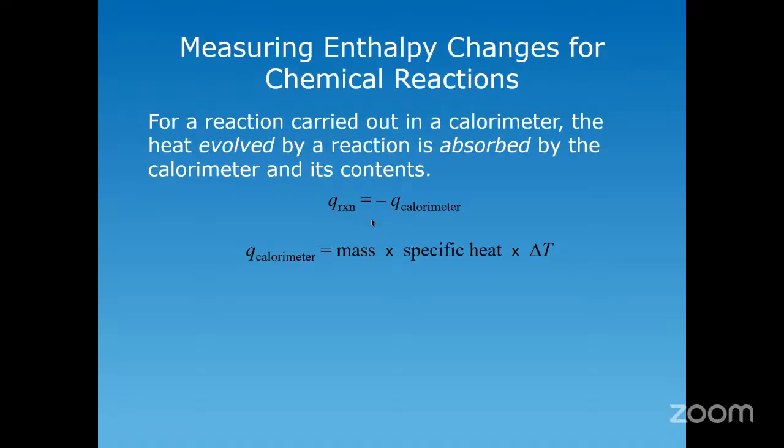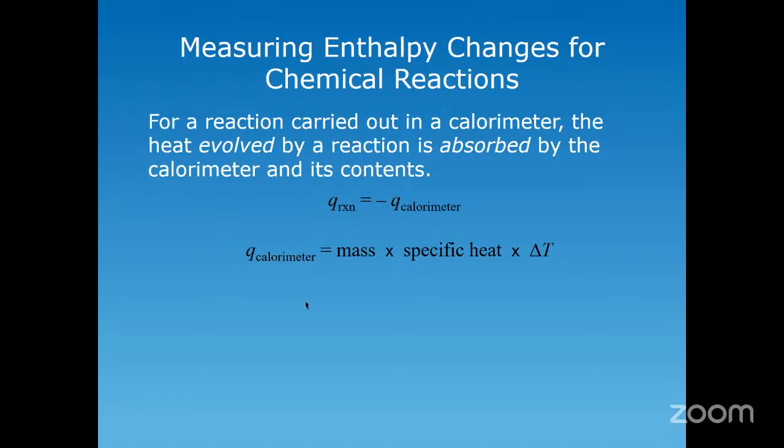Q for the reaction is equal to minus Q of the calorimeter. And that's it, right? Because if the reaction, let's say, is exothermic, that means that as far as the reaction is concerned, Q will be negative. But as far as the calorimeter is concerned, which is absorbing the heat, Q would be of the opposite sign. So that's why we have this relationship right here.